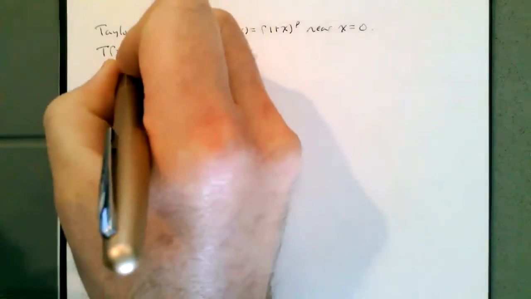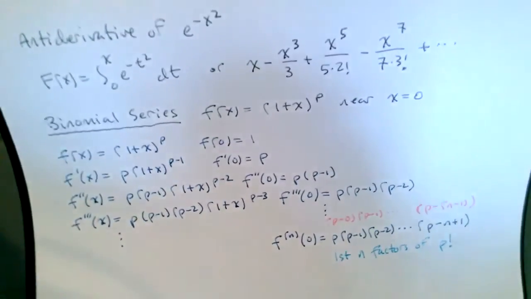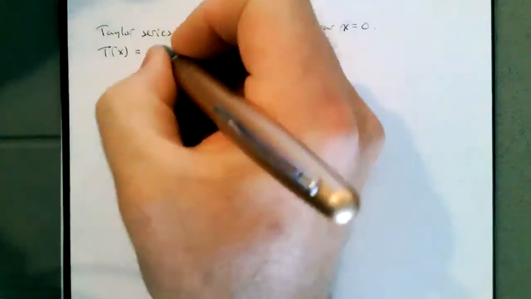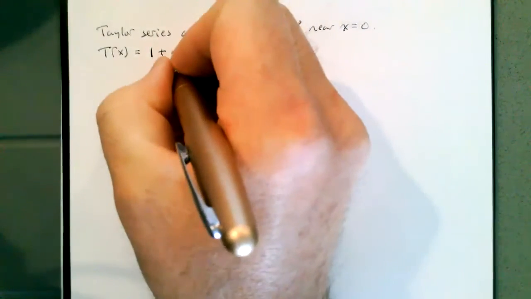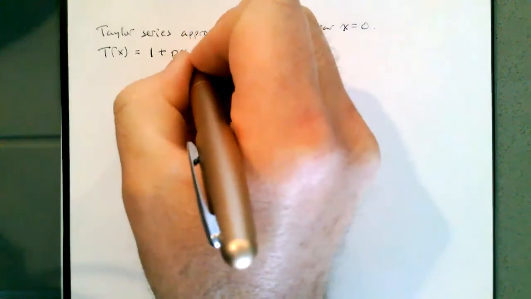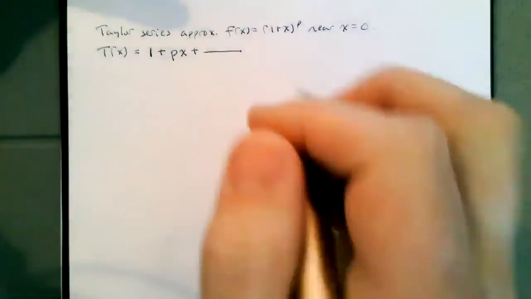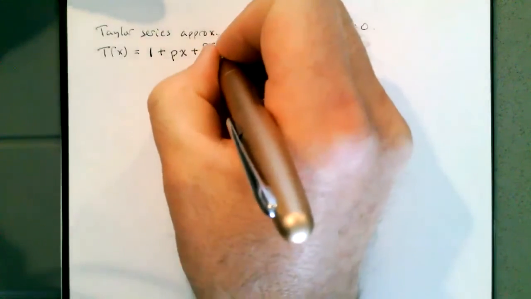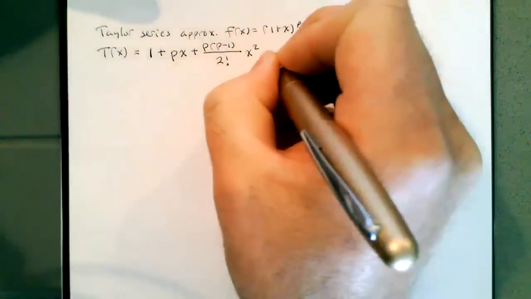So we start off with just 1. I get 1 plus f prime at 0, which is p, times x, plus f double prime at 0, which is p times p minus 1, over 2 factorial, x squared.